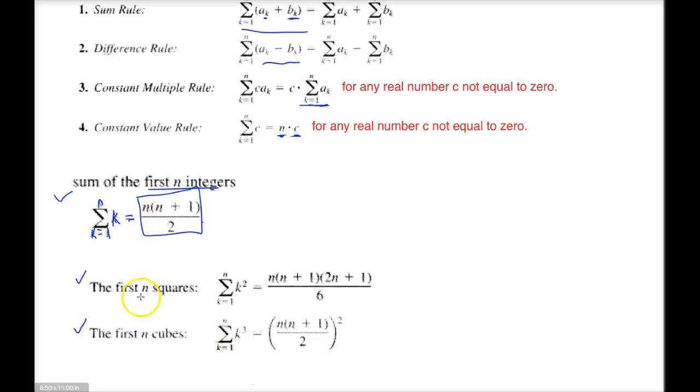For the first n squares, 1 squared plus 2 squared plus 3 squared plus 4 squared, the sum can be summarized as n times n plus 1 times 2n plus 1, all divided by 6. And the first n cubes, 1 cubed plus 2 cubed plus 3 cubed plus 4 cubed, and so forth, is the same thing as the summation of the first n integers, but all that squared.